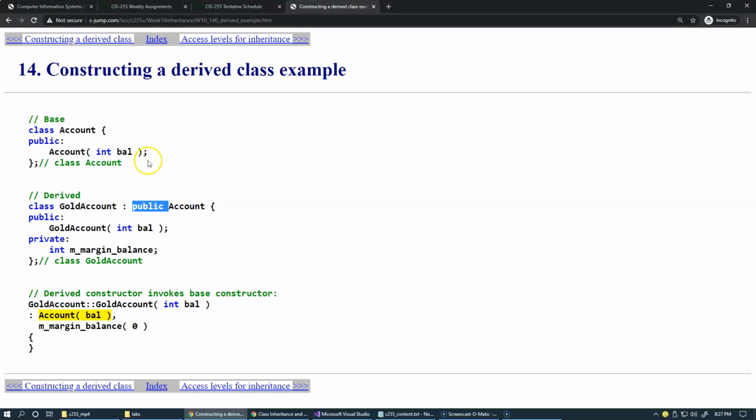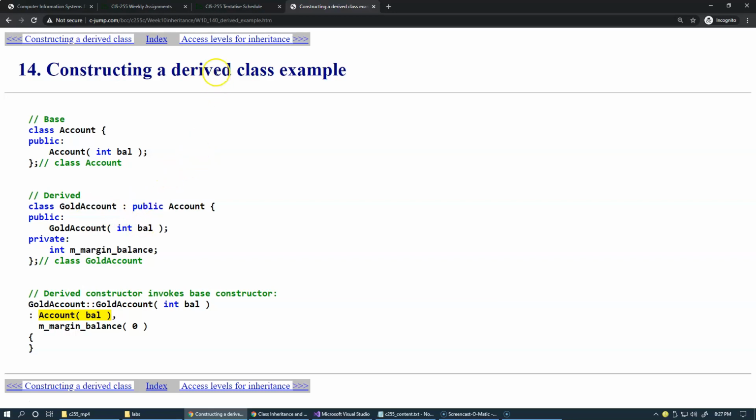It just means that everything that's available here is likewise going to continue to be available in the derived class, which is the most common case when you think about inheritance. You really want to grab everything from the base class and make it part of the derived class. Just pretty simple. And this is what this public keyword does.